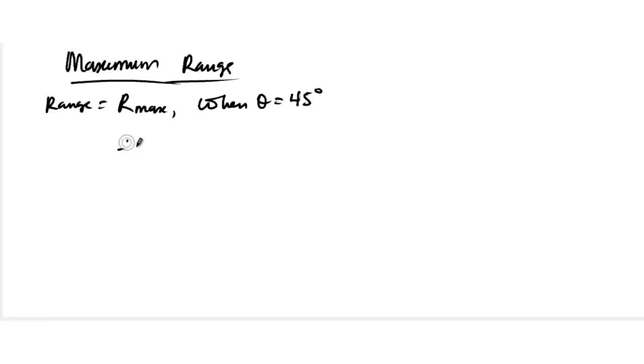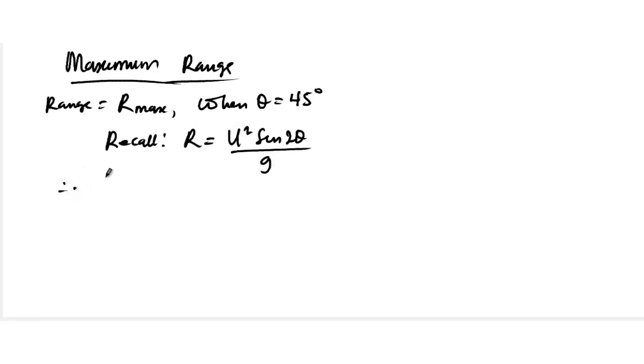So we can say it. Therefore, R max will now be from the formula for range. Let me put it this way. Recall that range is equal to u square sine 2 theta over g.